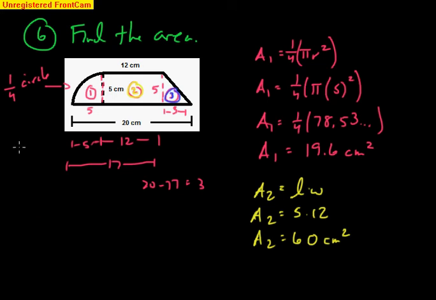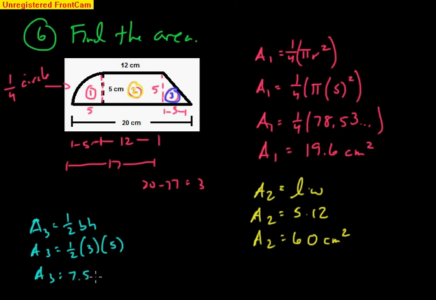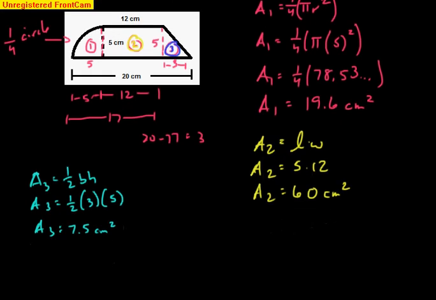I'll use light blue down here. Triangle is 1/2 base times height. That's 1/2 of my base of 3 and my height of 5. That's half of 15. Half of 15 is 7.5 centimeters squared.